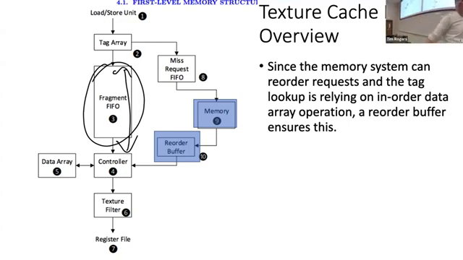Good question. Yep. Are the request FIFO and fragment FIFO the same size? They don't have to be. I mean, in theory, you probably need a smaller miss request FIFO because you'll have some hits. So you need more entries to handle the hits in the fragment FIFO than you need in the miss FIFO. In the worst case where everything misses, then this was kind of pointless anyway, right?